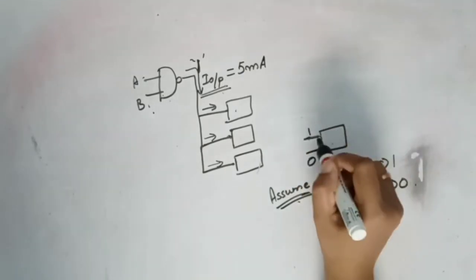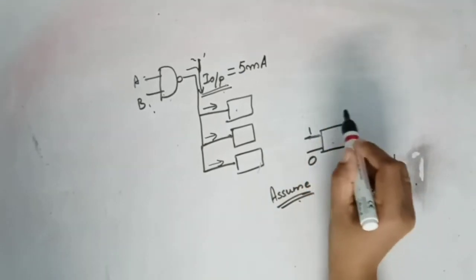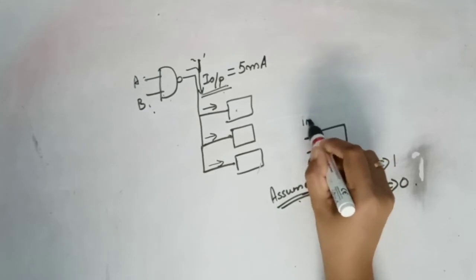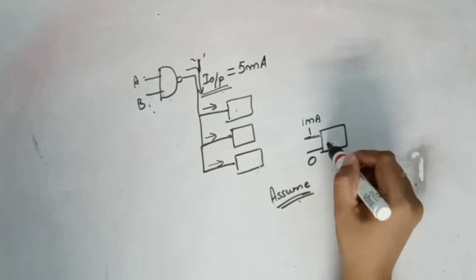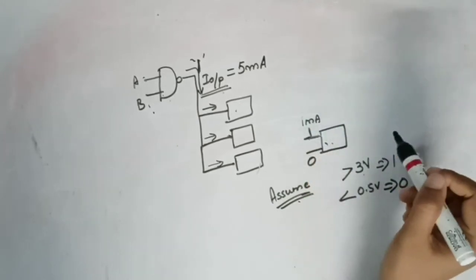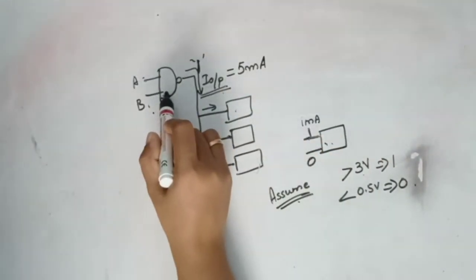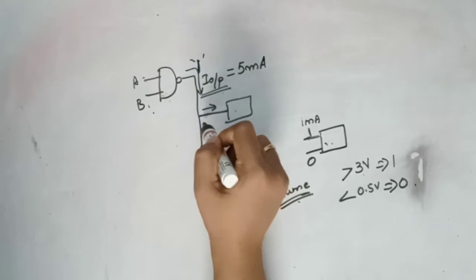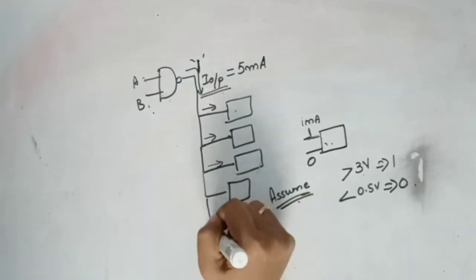And I am saying that a minimum of 1 milliampere should flow into the input of a gate so that it is treated as a logic 1. So this gate output is connected to many gates.